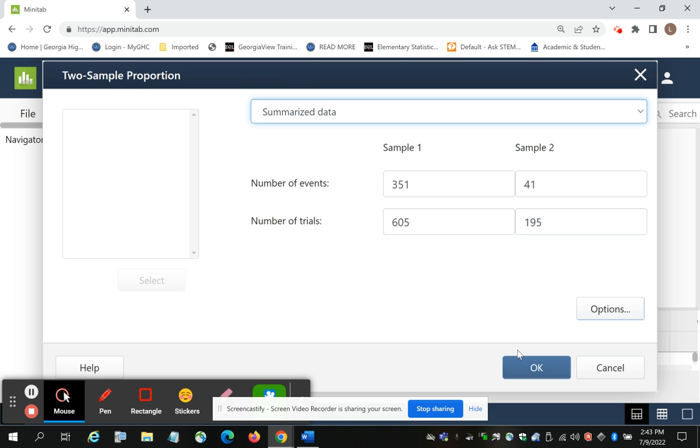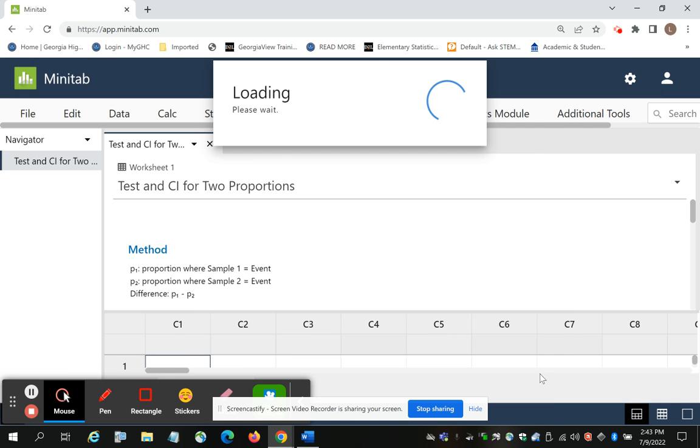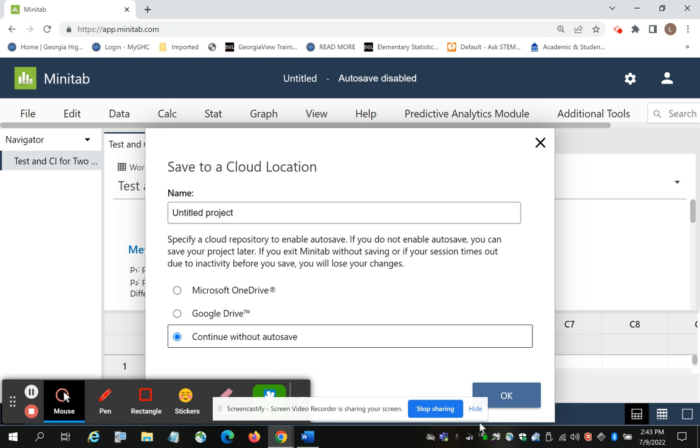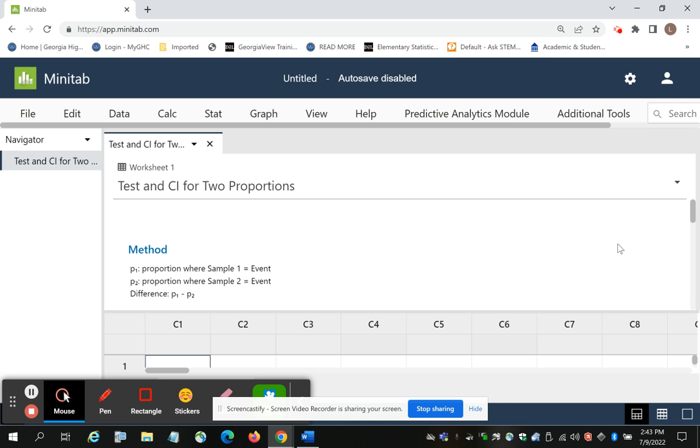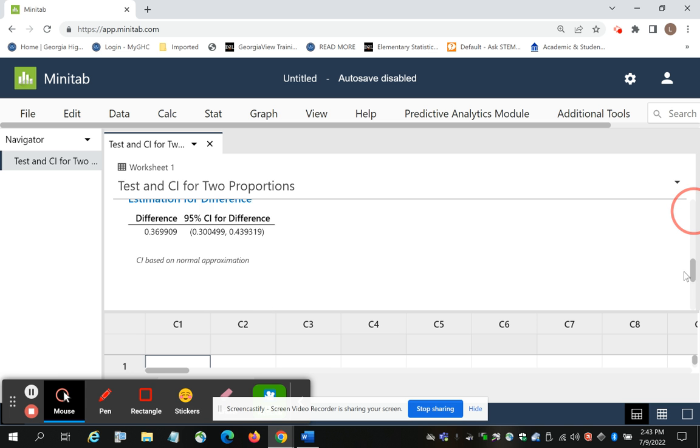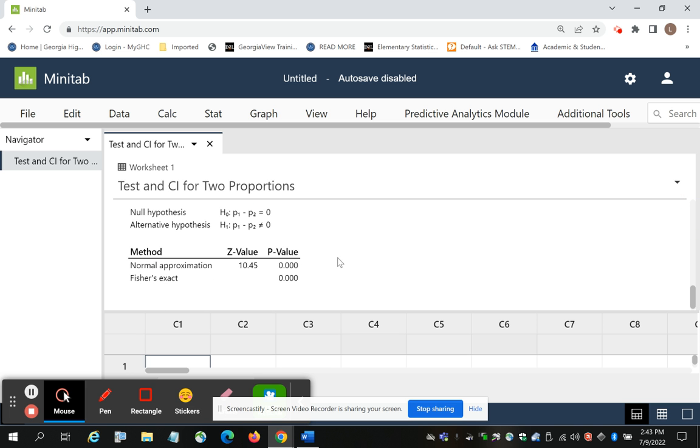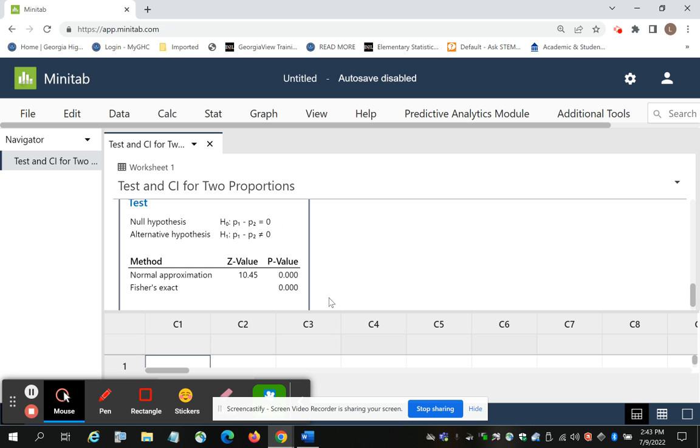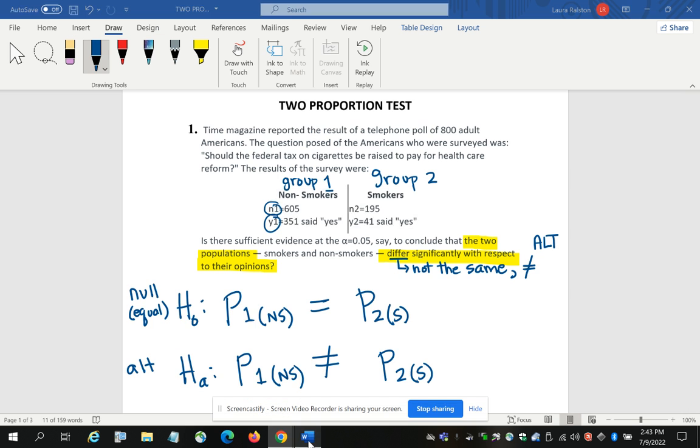I click OK. I click OK again. Again, Minitab calculates the values for us and gives us our p-value and our test statistic.